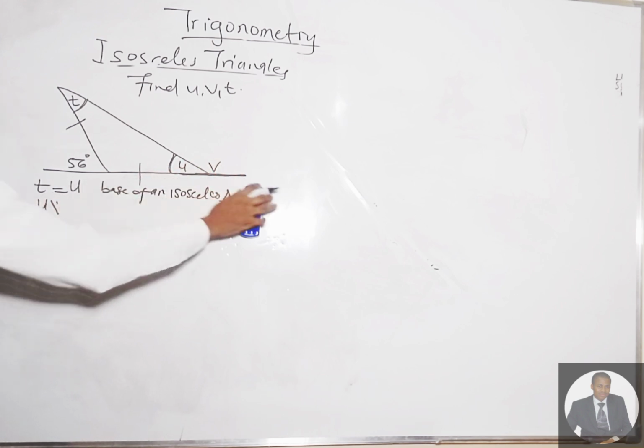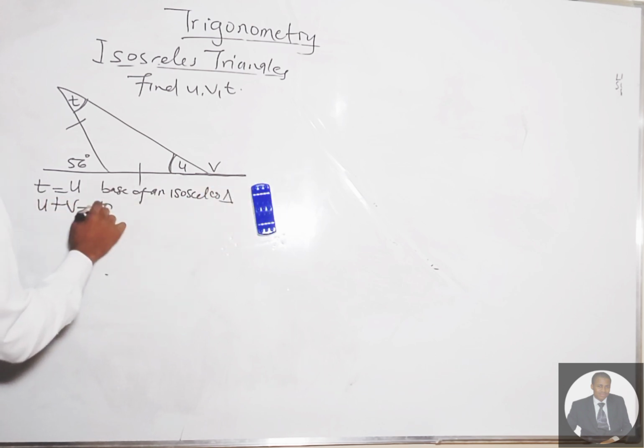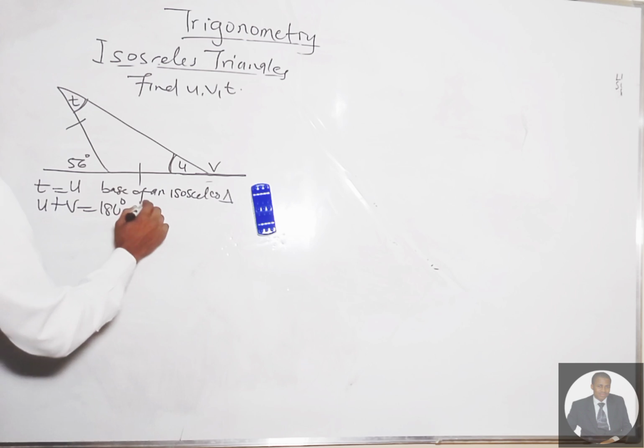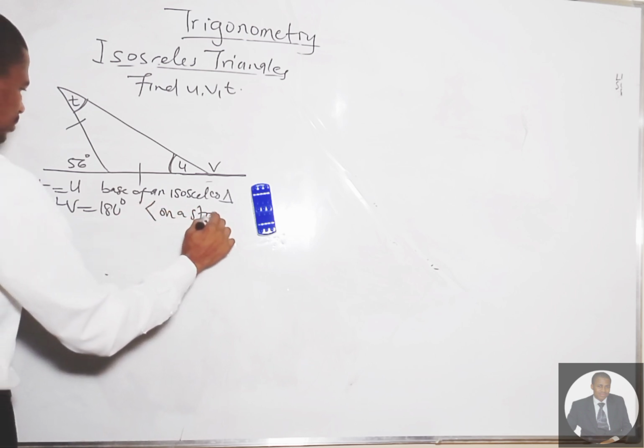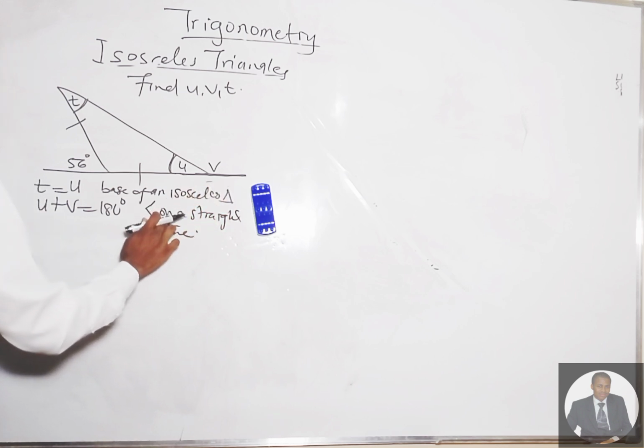U plus V will give us 180 degrees, angle on a straight line. So how do we do this?